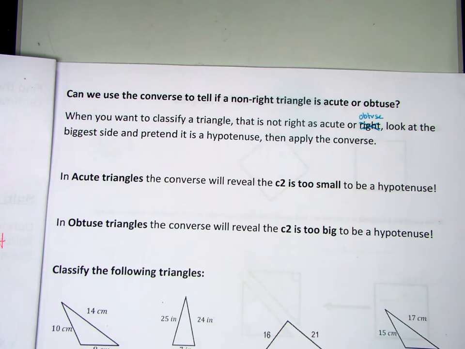So if you think about the hypotenuse, right? If I have a right angle, if I'm standing up here, my arms are in a right angle, and I have this hypotenuse, the c squared. When I put the c in, if the two sides are equal, it's a right angle. But if it's not a right angle, that c is either going to be too small, and then what kind of triangle will I have? Or that c is going to be too big, and then what kind of triangle am I going to have?